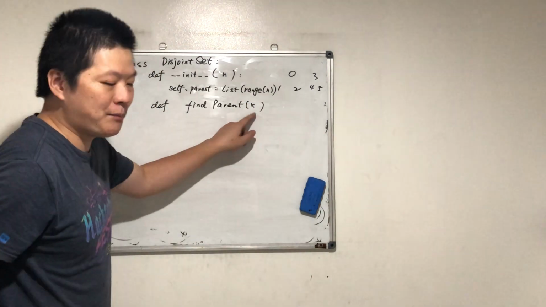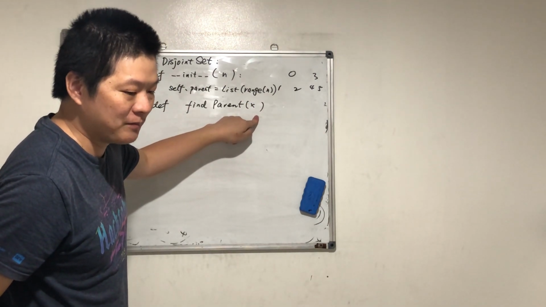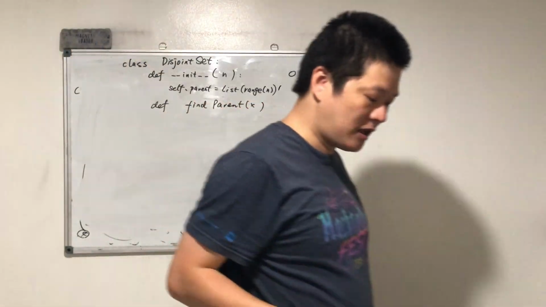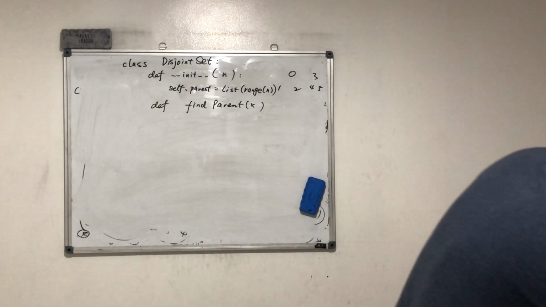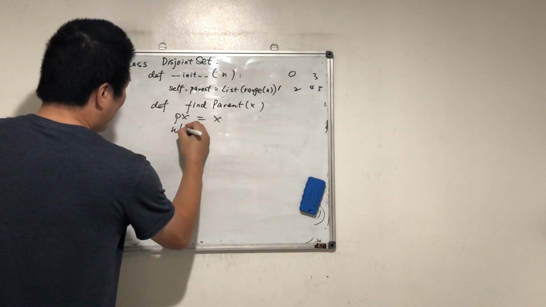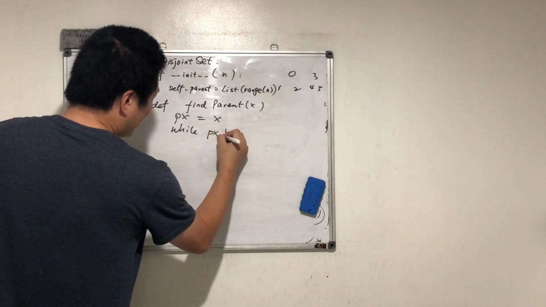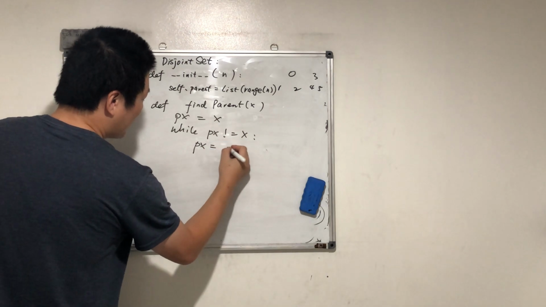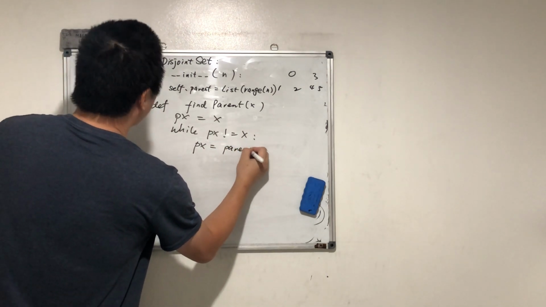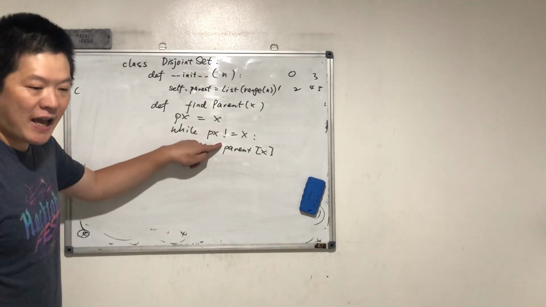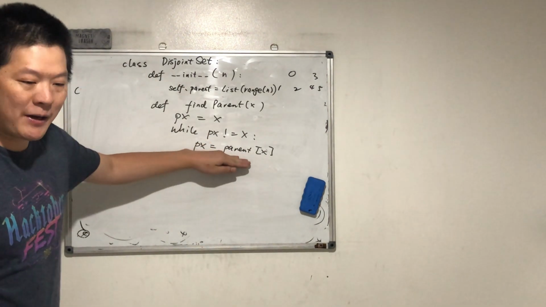First of all, we want to find the parent of x, yeah? So how can we do this? We want to follow up, yeah? So we have px equals x. While px not equals parent x, px equals parent x.